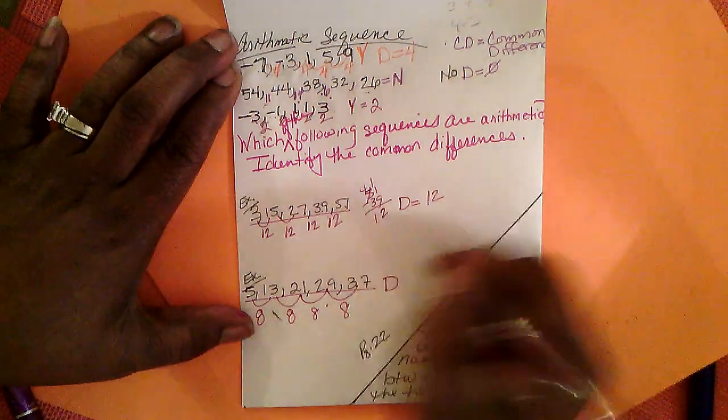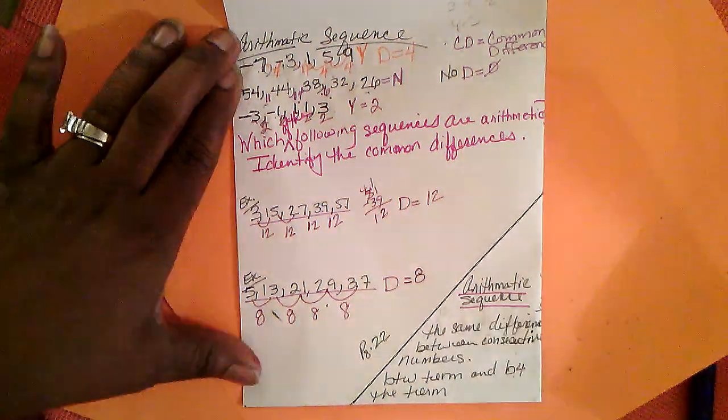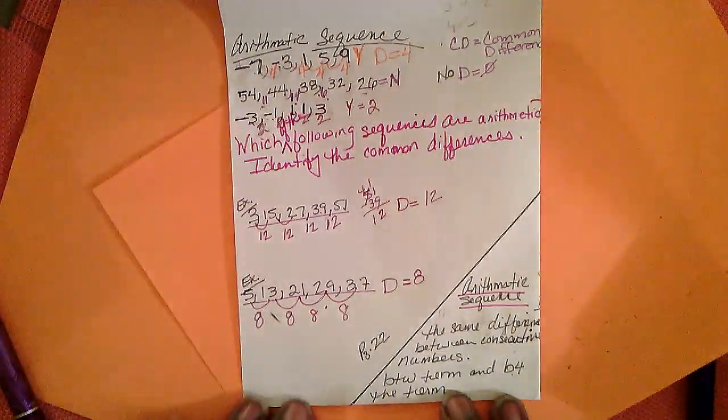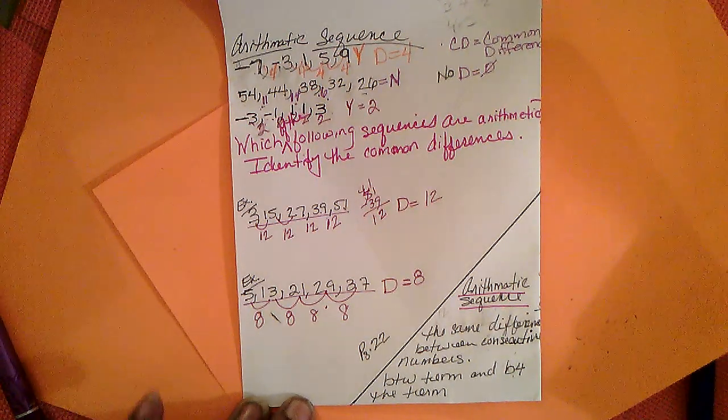It's going to be a part of an equation that's coming forward. Again, that's on page 22. I did number 1 for you, and at least the sequence part of number 4.